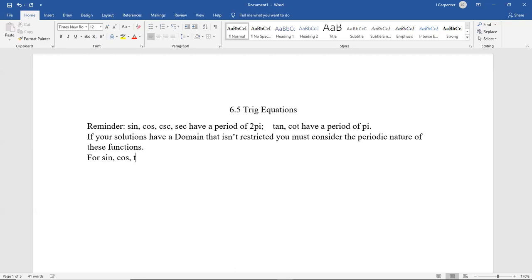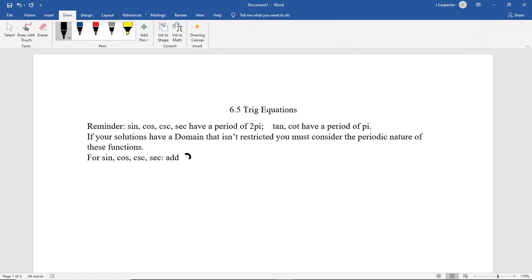Sine, cosine, cosecant, and secant, you just add, and I want to write this using my pen, 2 n pi, where n is an integer.